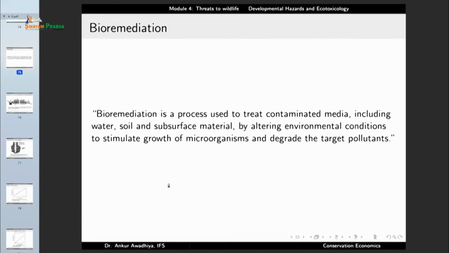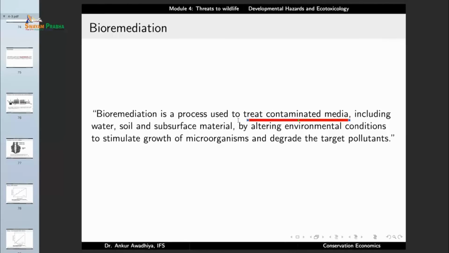So what we are saying here is that this is a process used to treat contaminated media. So, for instance, there was an oil spill and the oil has been leaked into a water body. Now, this oil is bringing up certain toxic impacts. Now, to treat this oil, we can either make use of dispersants such as detergents or we can make use of bioremediation.